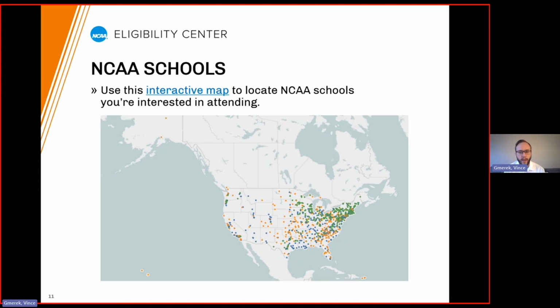If you use this interactive map, you can pick the places you're interested in attending school. You can see which schools sponsor which sports, and which schools in which divisions sponsor which sports. So using this interactive map is a great tool to narrow down your potential searches and options to help you tailor your recruiting experience to your needs and your desires. And then from there, you can go about contacting the schools directly, and they can provide you more information about their programs.